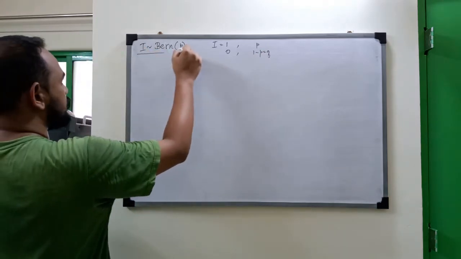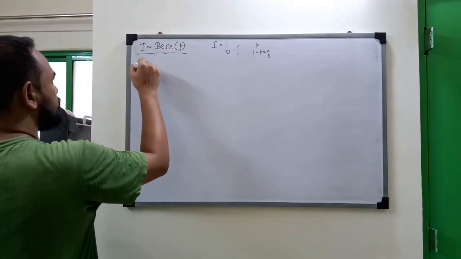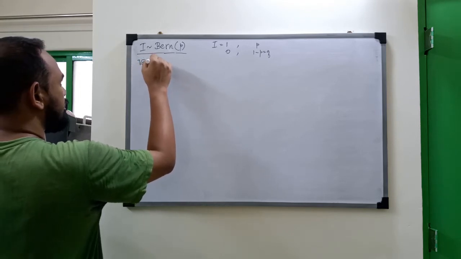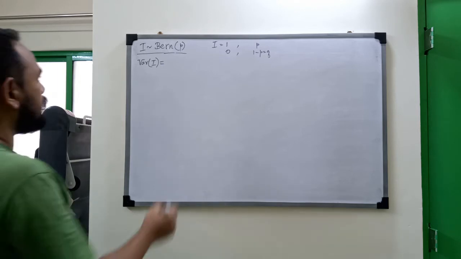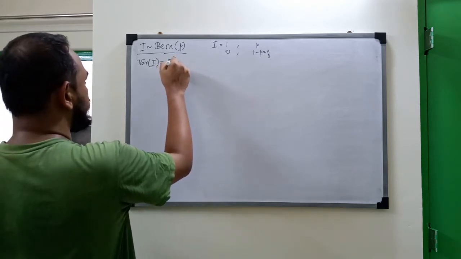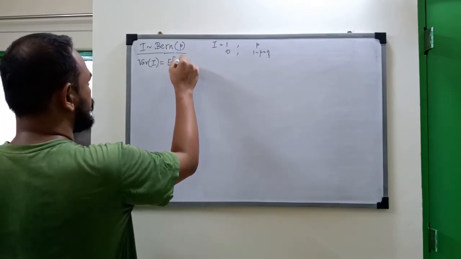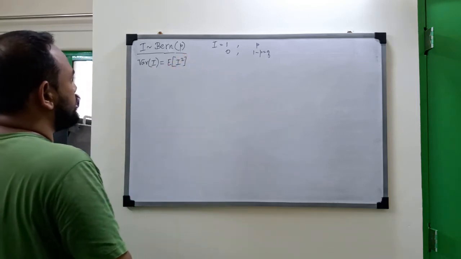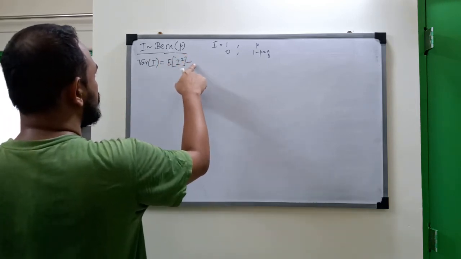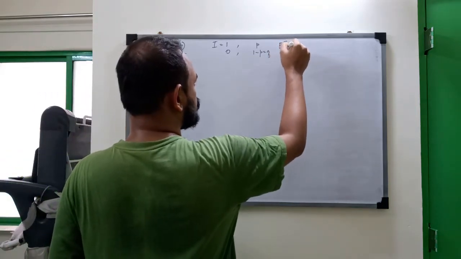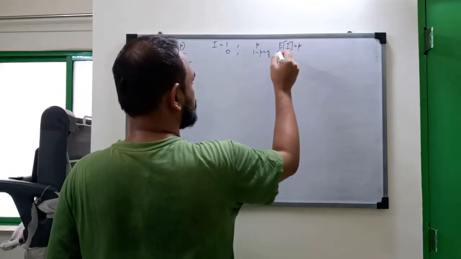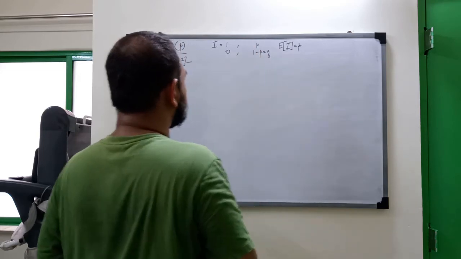What's the variance of this? If I want to find the variance of this random variable, which is a Bernoulli P trial, if I use the second formula, that would be expectation of I square minus the average squared. Now, the average of a Bernoulli trial is P, whatever the probability of the success is.